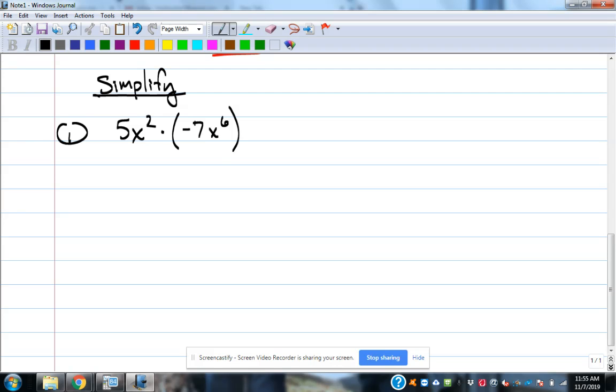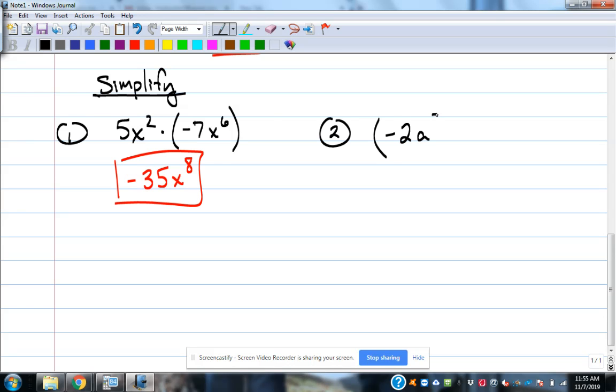All right, so 5 times negative 7 is going to be negative 35, and then x to the what power? 8th power. 2 plus 6 is 8. So we would end up with negative 35 x to the 8th power. Easy stuff.